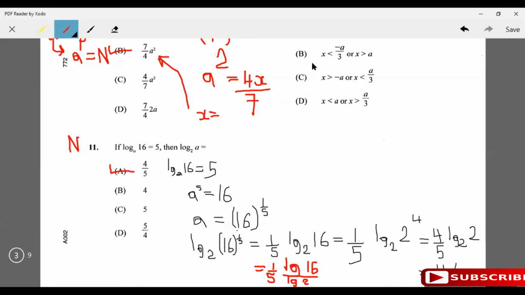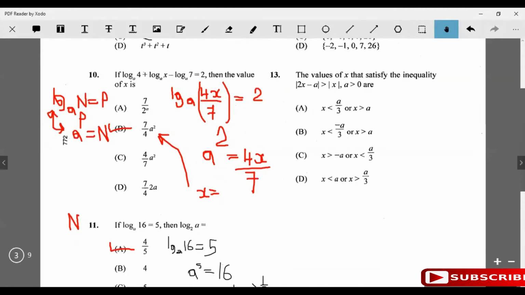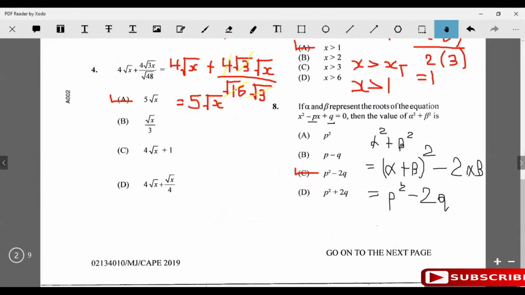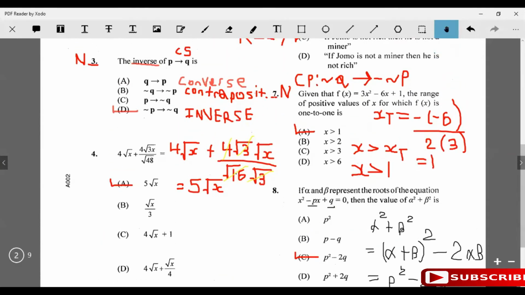Can you explain number 7? Number 7. All right. I wasn't here for that, sorry. Okay, that's fine. Let's go back to number 7. Sir, what is this paper, 2019? 2019, yes. And in 2019, there are 25 new questions.